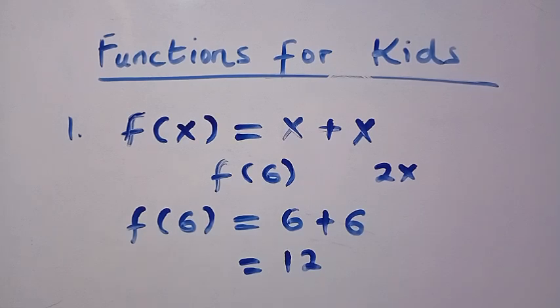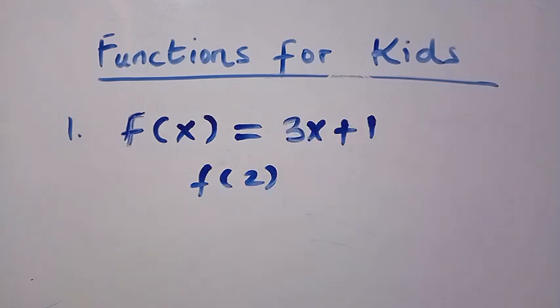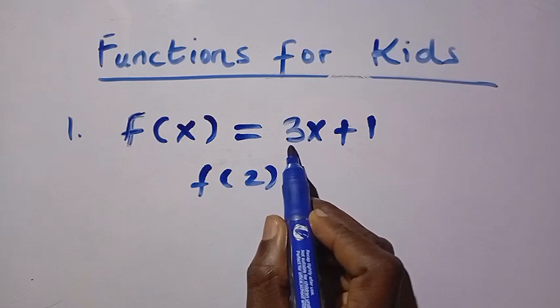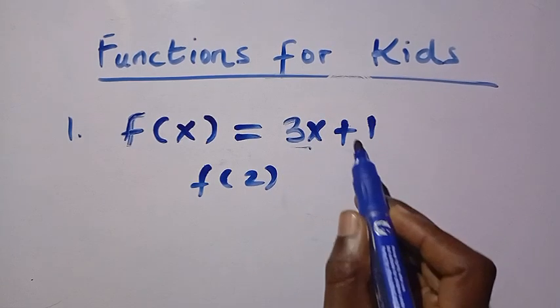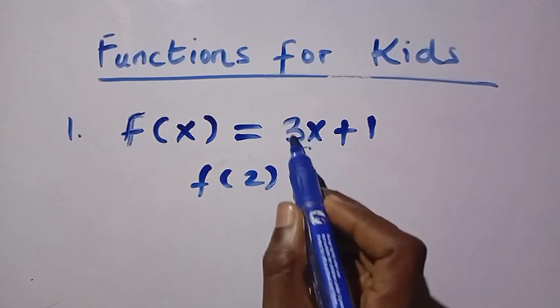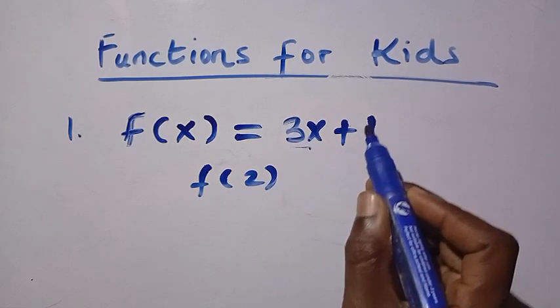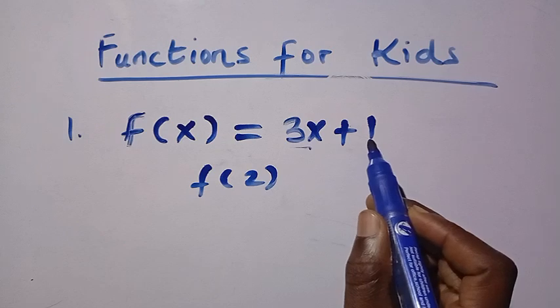Let's see the slightly harder but clear ones. All these are very simple. Any other question you see relating to this, you should be able to solve clearly. This is another dimension, slightly harder but clear. Here is 3 multiplying x plus 1. The 1 is separate from the 3x, and it does not have x, it is a constant.